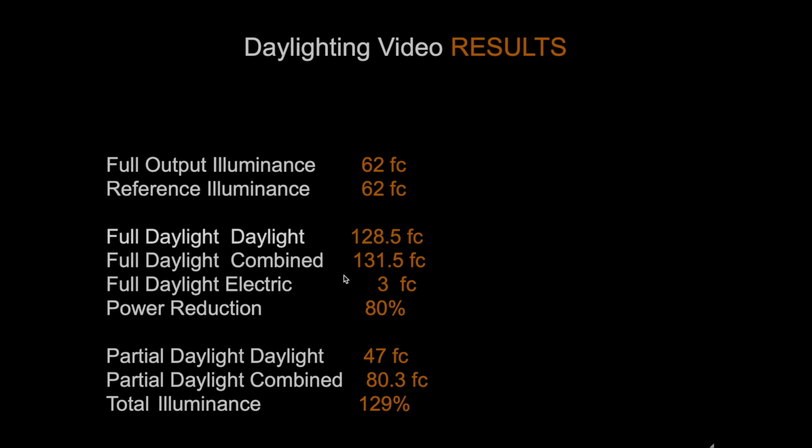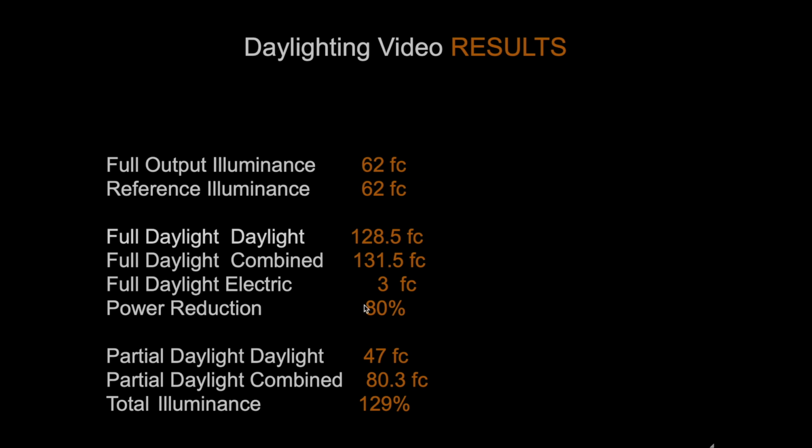We divide the 3 foot candles by the full output illuminance right here, not by a reference illuminance. These numbers could be different if you have a task tuned system, but our system is full output, so we use the full output illuminance of 62 foot candles.